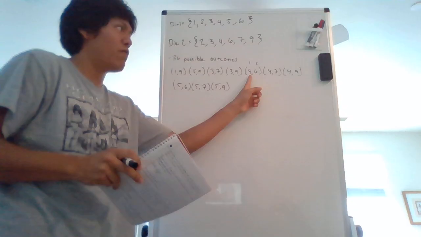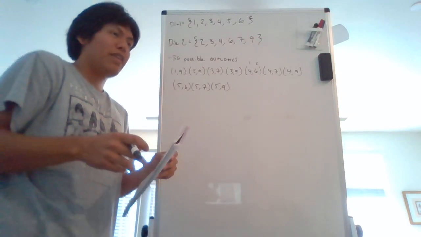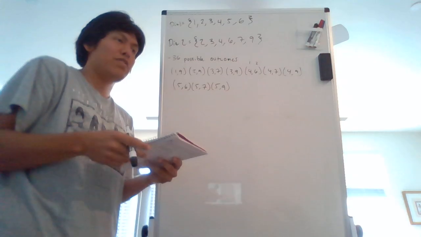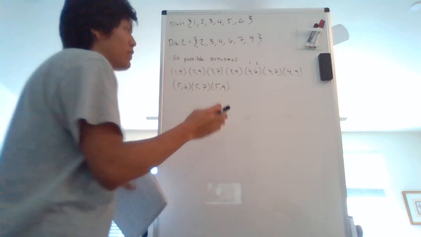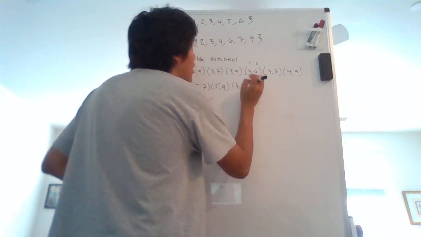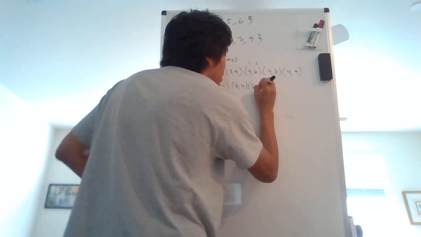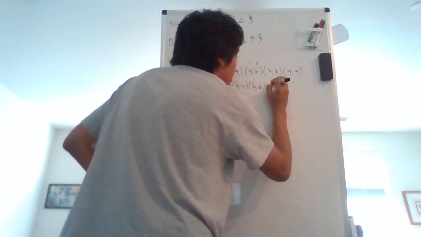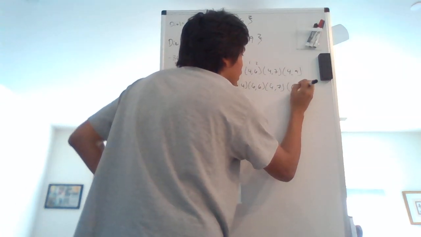So instead of 4, 6, we now have 6, 4. And like I said, that's a different combination, because the numbers came from different dice. So, okay, we'll write that down. 6, 4. 6, 6. Alright, 6, 7. And 6, 9.